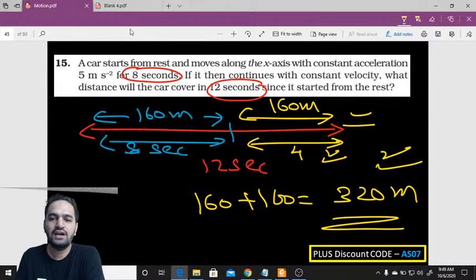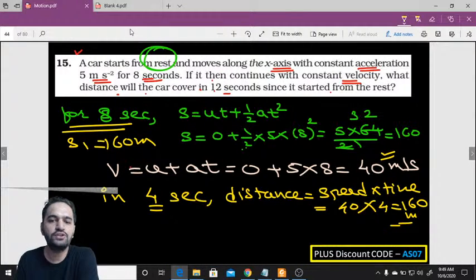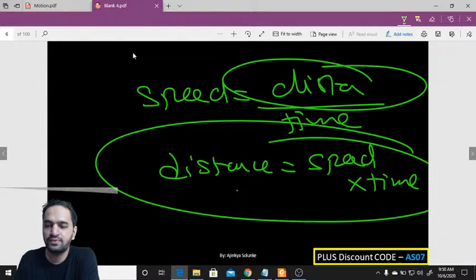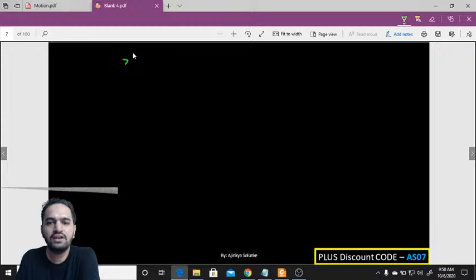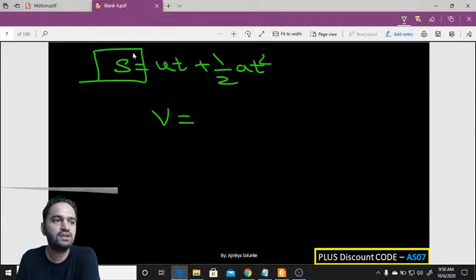Are you understanding how to do this? First, we calculated for 8 seconds. We applied the first formula, S is equal to ut plus half at square, and received the value of S. After that we found the velocity with the help of v is equal to u plus at.